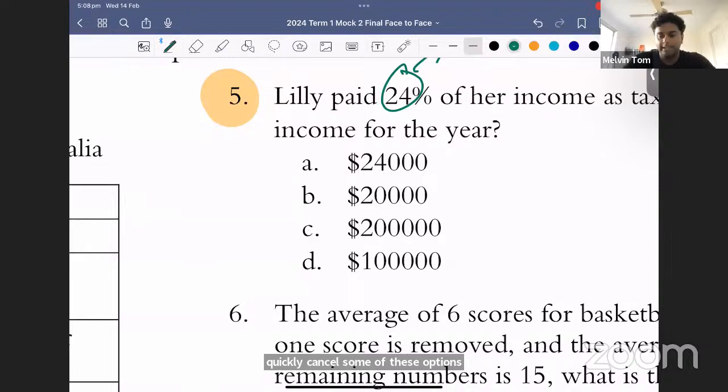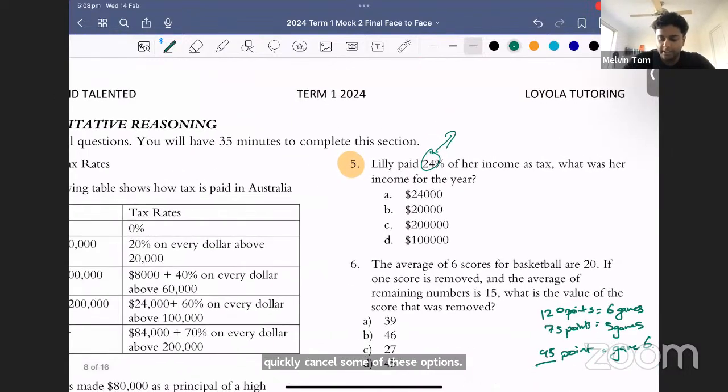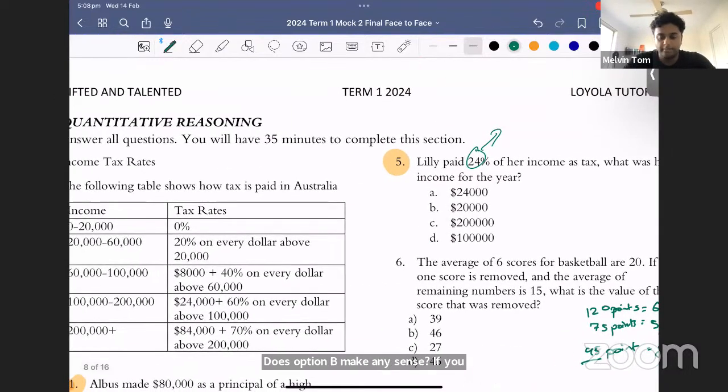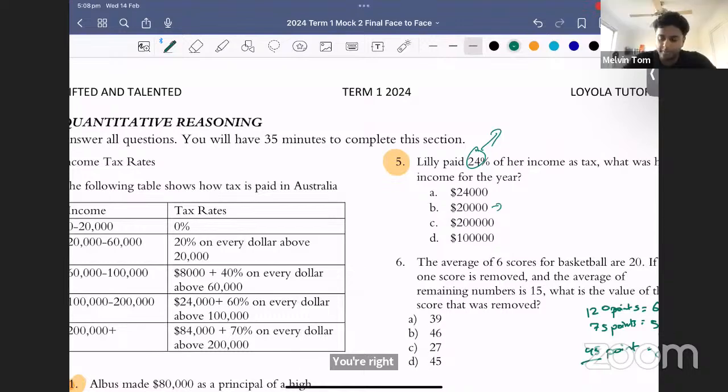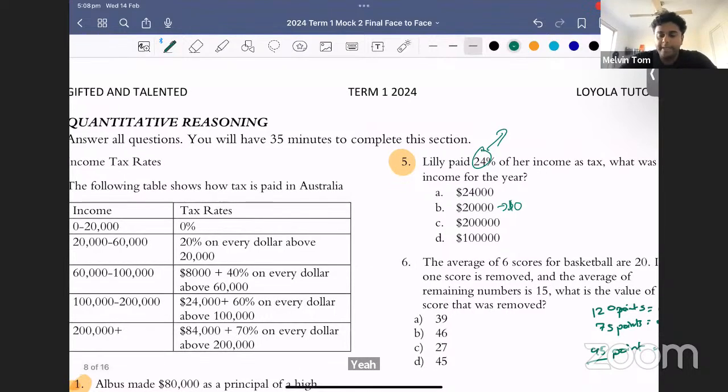Does option B make any sense? If you make $20,000, how much tax will you pay? Zero. $0, right? Perfect.